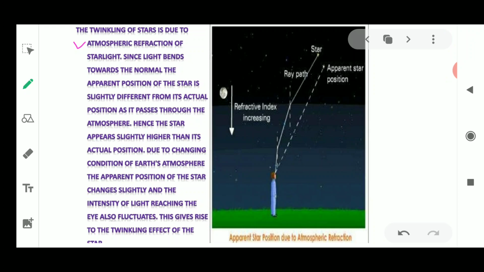So please remember that optical density plays a major role in the movement of light passing through the different layers of the atmosphere. This was about the phenomena occurring in nature, and it helps in the formation of some more natural phenomena which we are going to discuss in the next class, also related to atmospheric refraction.